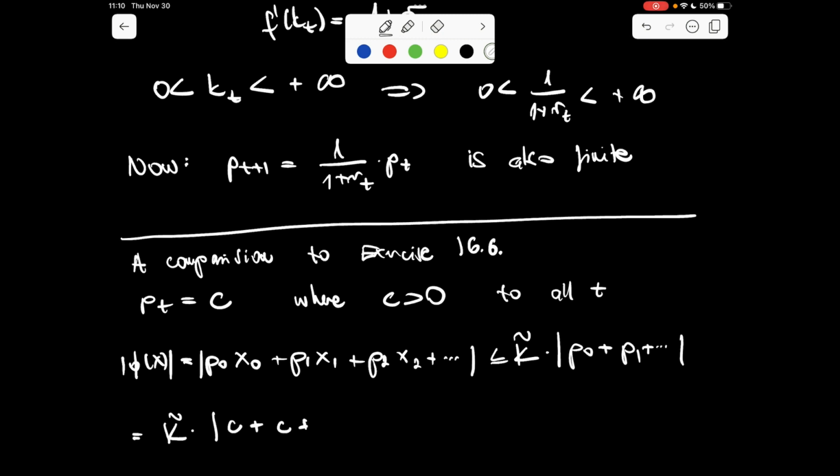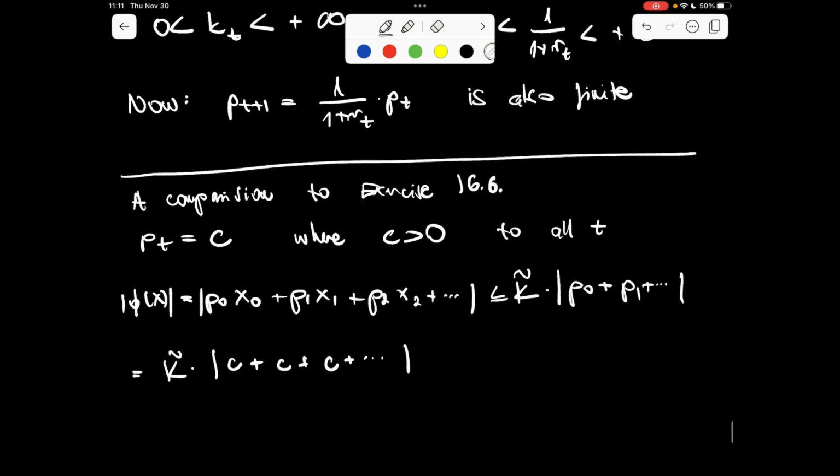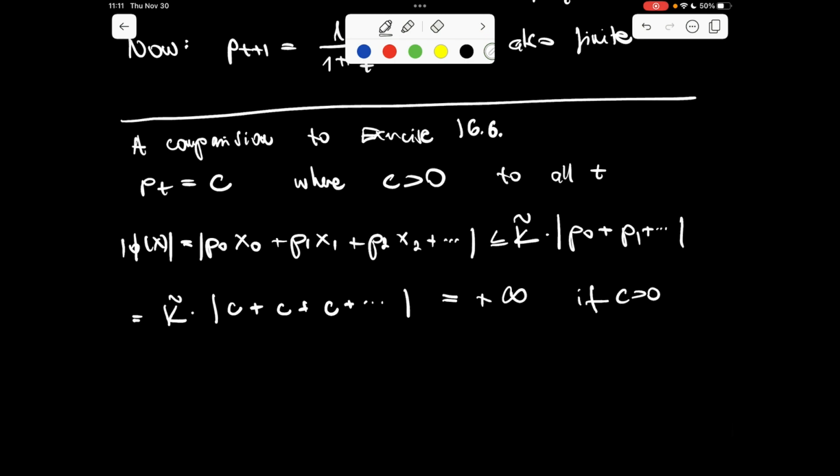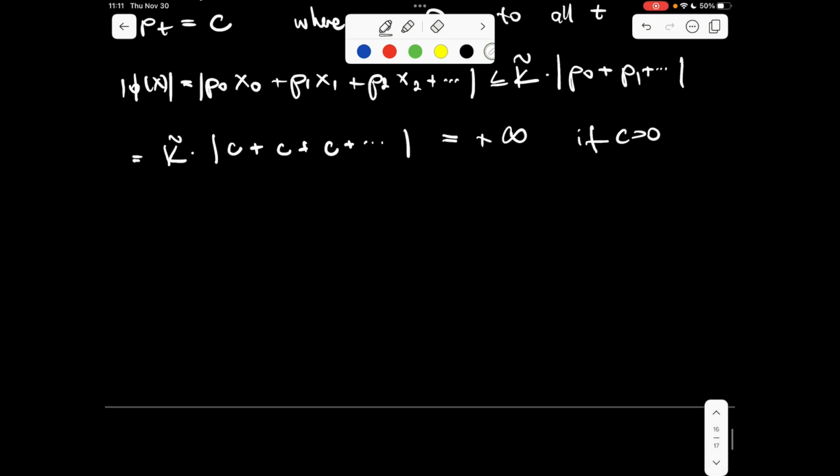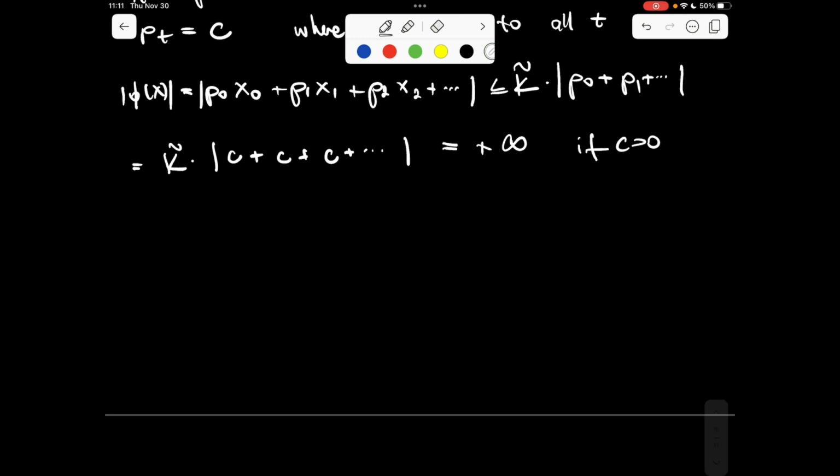This is an infinite sum. And an infinite sum of strictly positive numbers must be infinite. So it doesn't define a continuous linear functional. So this price system is not appropriate.